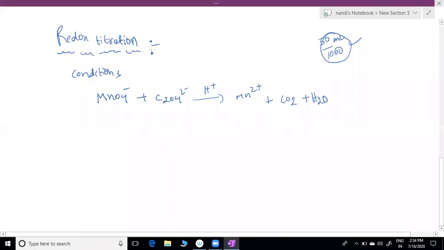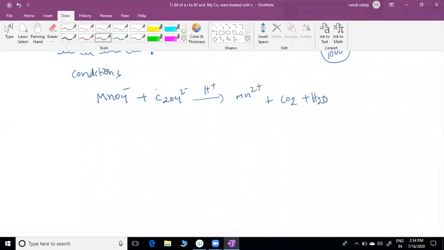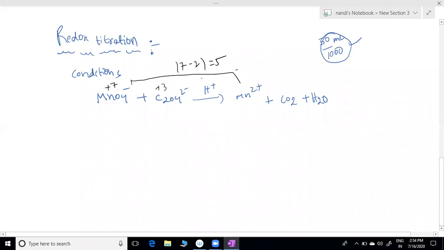This is reduction, the oxidizing agent. This is oxidation, which means the reducing agent. For the oxidizing agent you have to consider the reactant, not the product. Get my point? Oxidizing agent is told with respect to reactants.